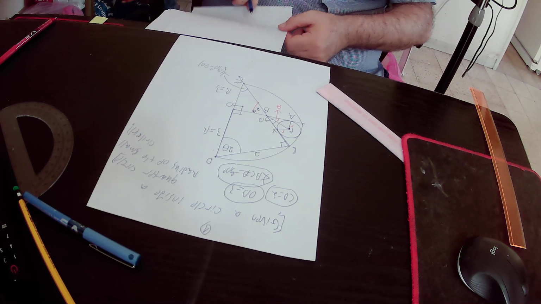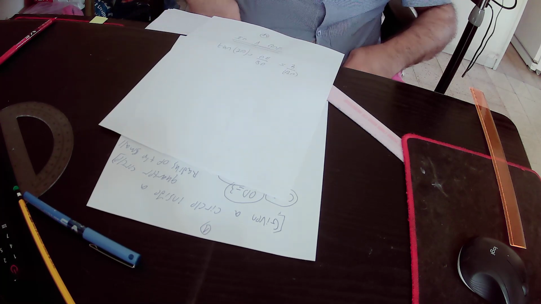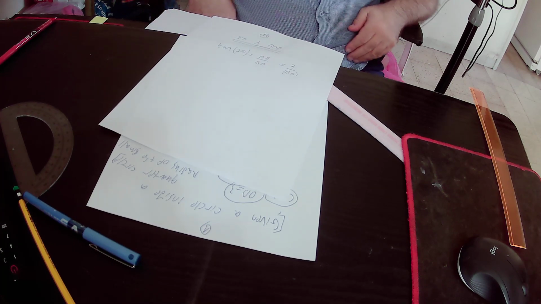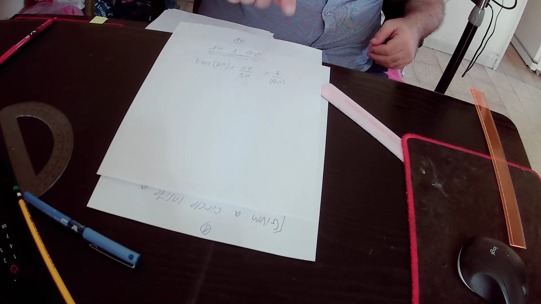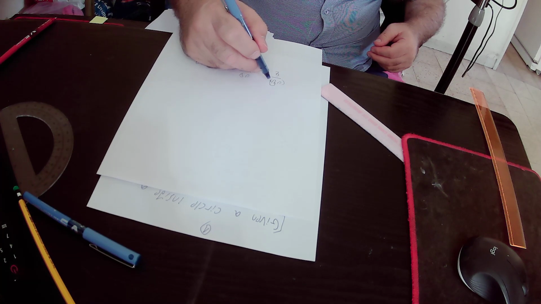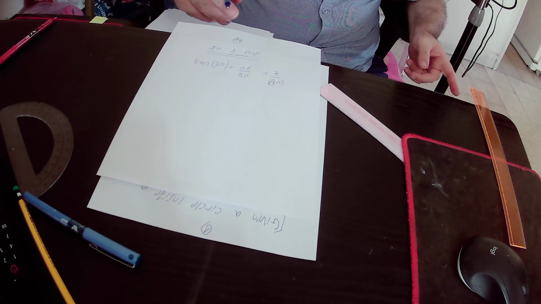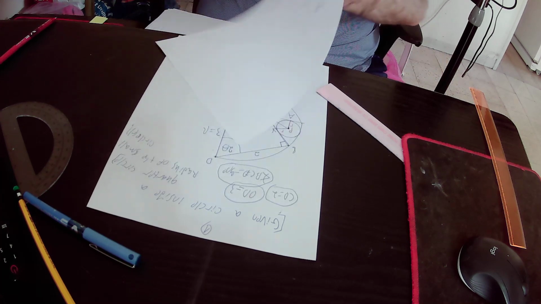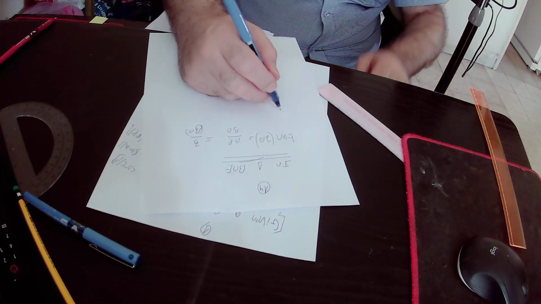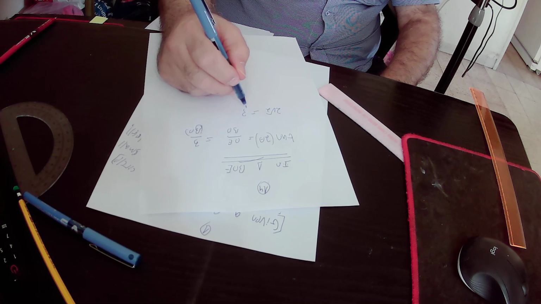Okay, so we found out that tangent 2 theta equals 3 over BO, and we've already found out that tangent theta equals 2 times root 2. So we get that 2 times root 2 equals 3 over BO.